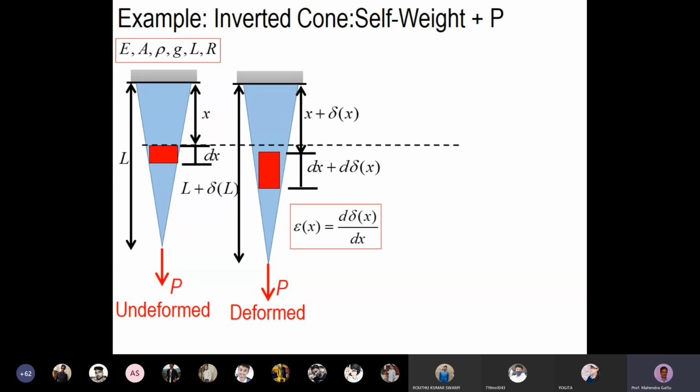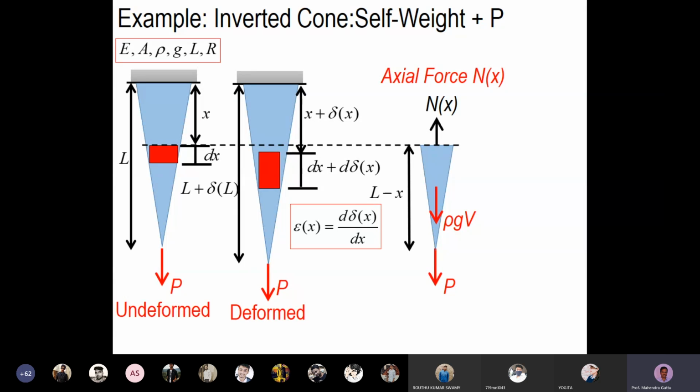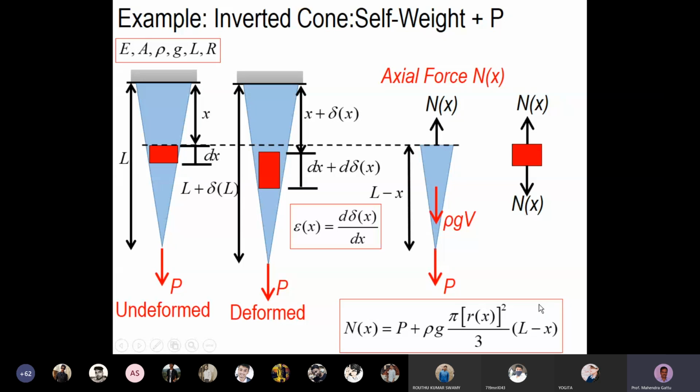Same thing we'll do. The only thing is that in this problem we have our external load P acting here. So N of x will be the sum of rho g V plus P. So it will be P plus rho g pi r square by 3 times L minus x. And then you can do the analysis and find the expression for delta of x. So you can solve this as a homework problem.